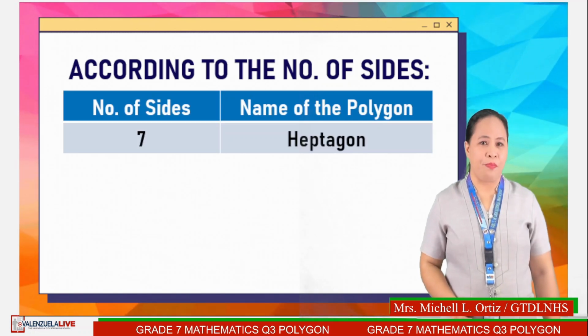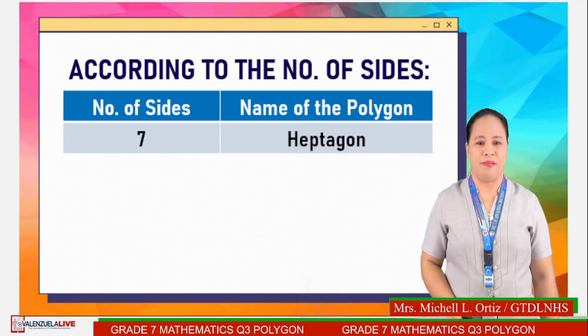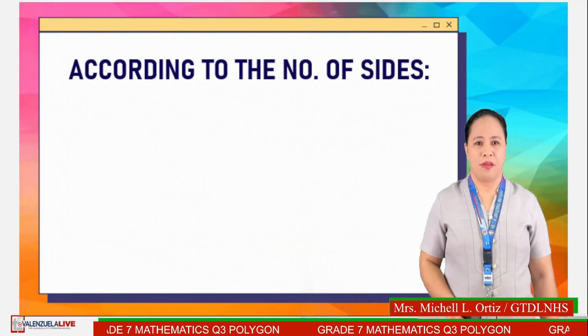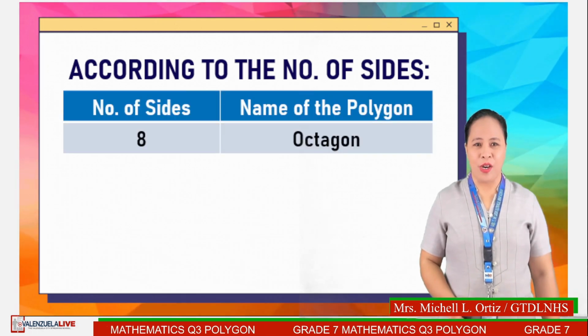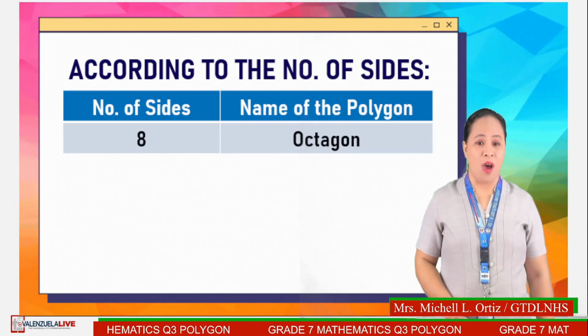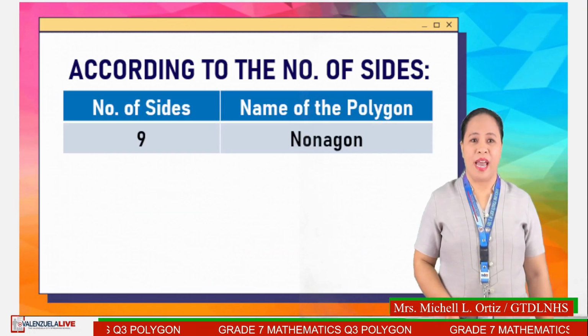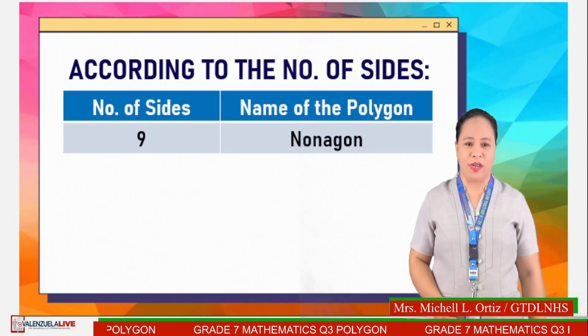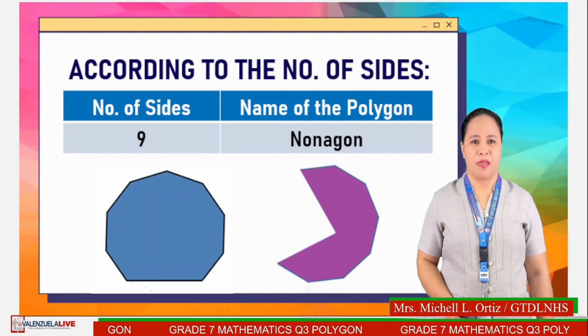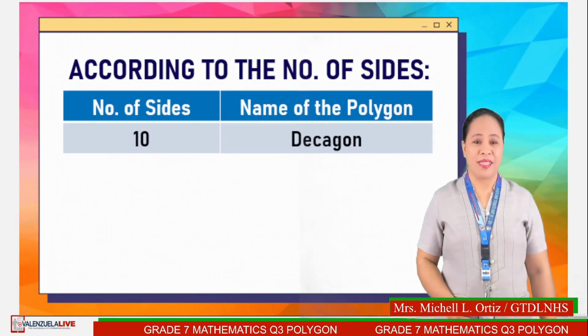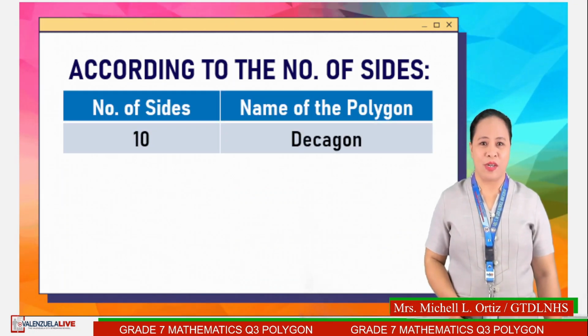A 7-sided polygon is a heptagon. A polygon with 8 sides is an octagon. A 9-sided polygon is a nonagon. A 10-sided polygon is a decagon.